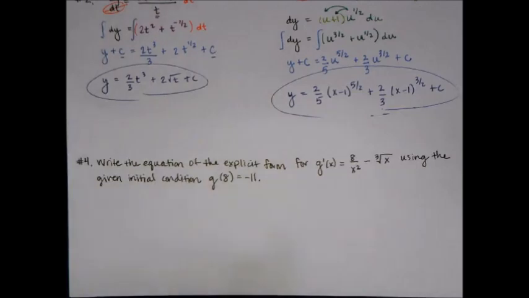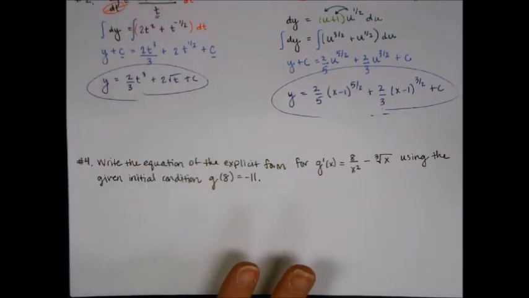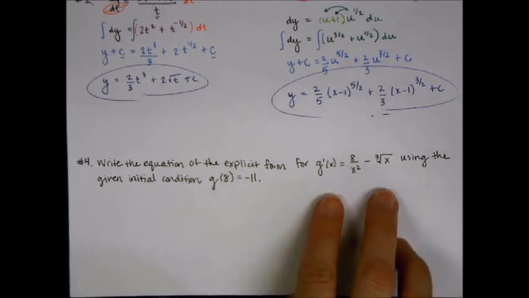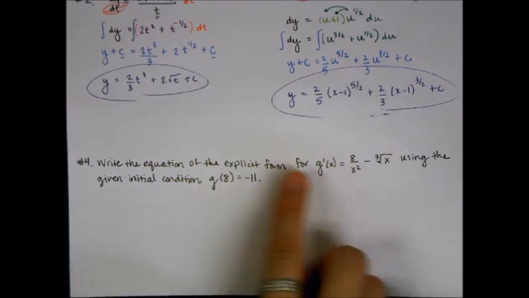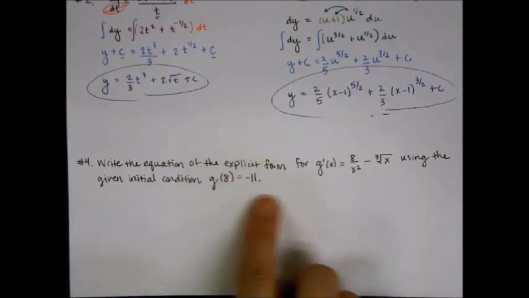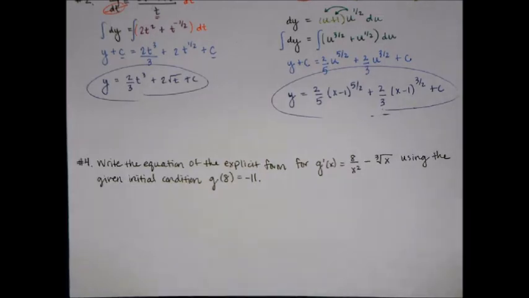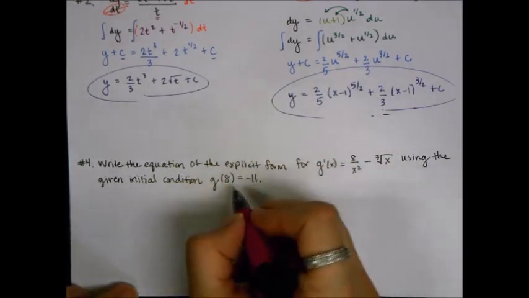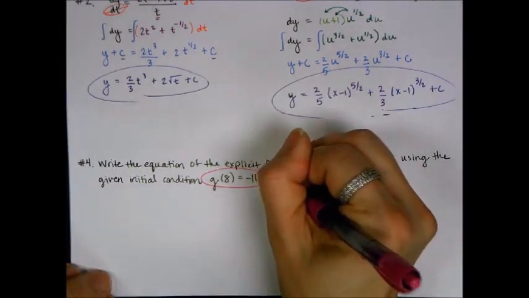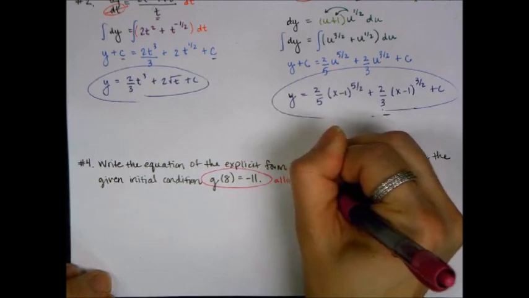They want us to take our differential equation, we want to integrate both sides, we want to get back to what g of x equals. That would be our explicit form. And then the initial condition here is going to allow us to solve for c. So this is a coordinate pair that exists on my original function, and it allows us to find the value of c.